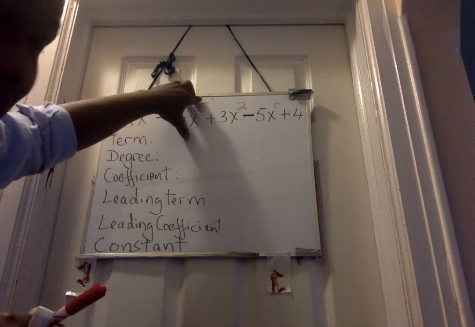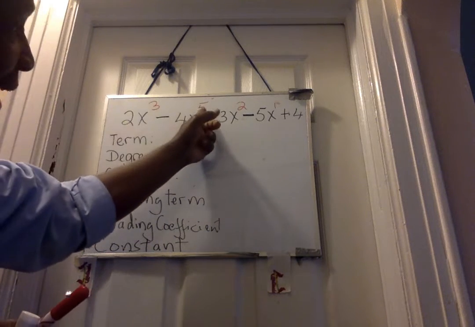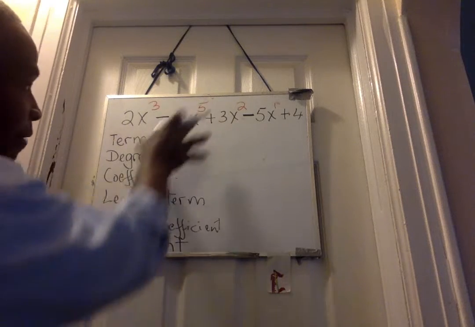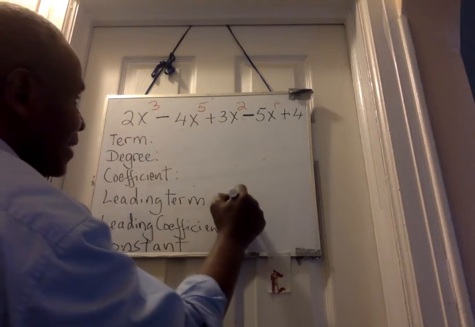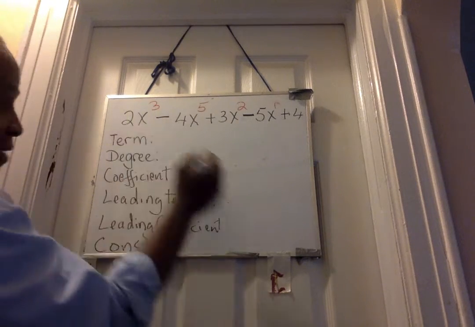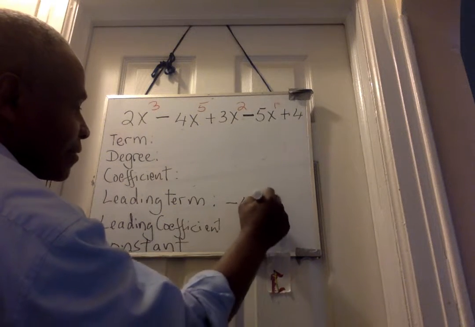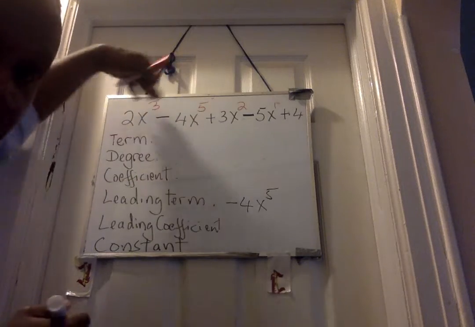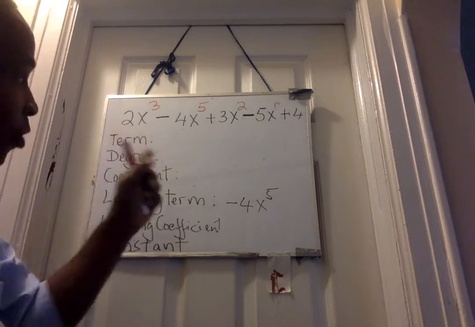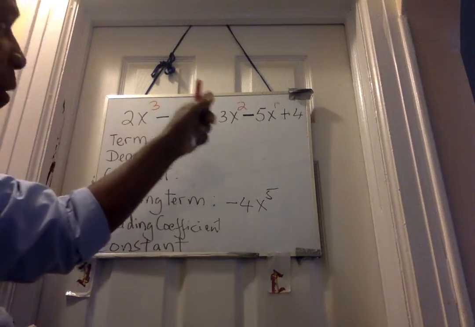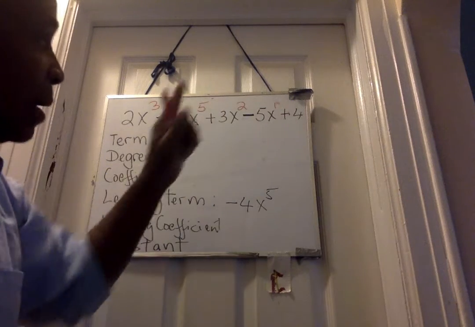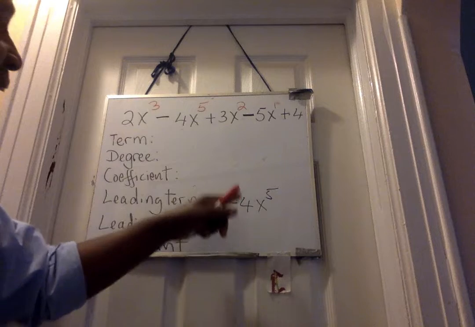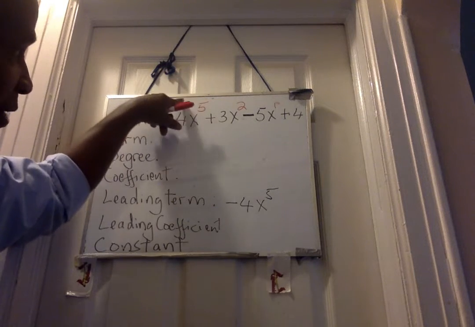Notice that this would be the leading term because it has the highest exponent. So the leading term of this polynomial, now don't just put 4, you have to put negative 4x to the 5th power. That's the leading term of this polynomial. Each of these is a term, but the leading term is the term with the highest exponent. So that's why I chose this one.